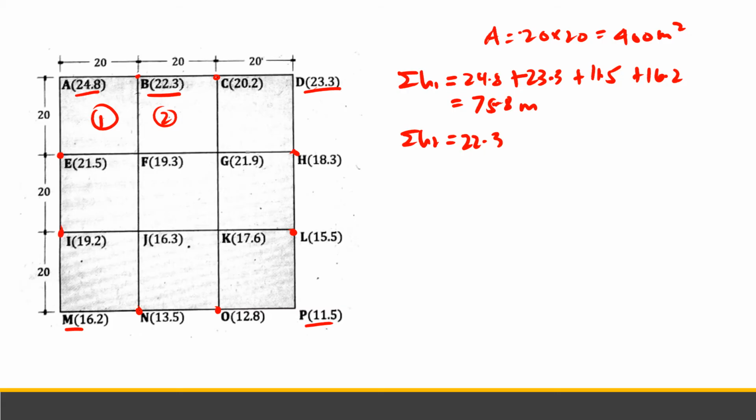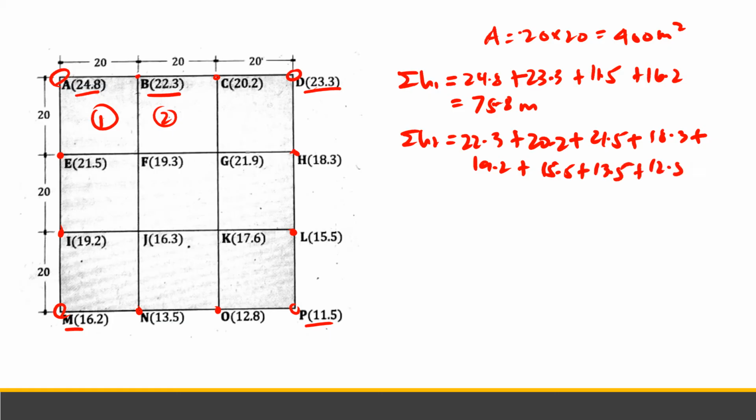So the H1 is usually the corners here, since once lang siya nagamit. So that is only for the squares na corresponding sa kanila. But for H2, meron tayong 22.3 plus 22.2 plus 21.5 plus 18.3 plus 19.2 plus 15.5 plus 13.5 plus 12.8.